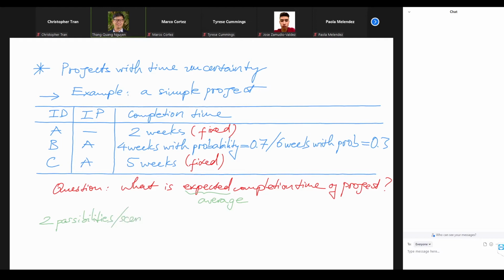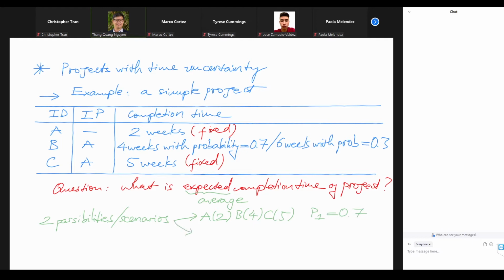Or 2 scenarios. In the first scenario, we can finish A after 2 weeks, finish B after 4, C after 5 weeks. And that might happen with the probability of P1, 70% chance.